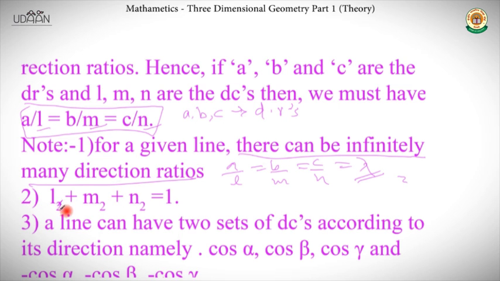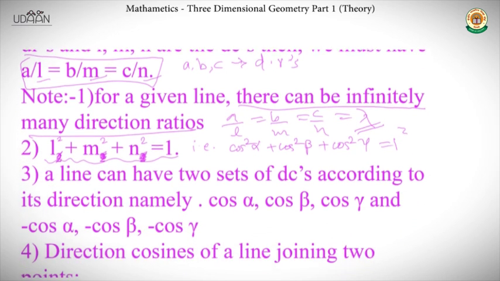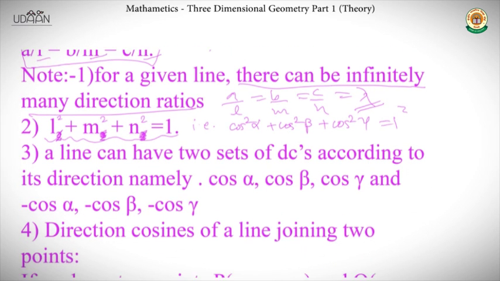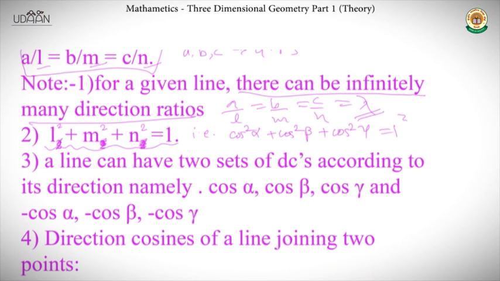The other important condition is that for a given line, l square plus m square plus n square equals 1. That is, cos square alpha plus cos square beta plus cos square gamma equals 1. This can be very easily proved by using vectors.